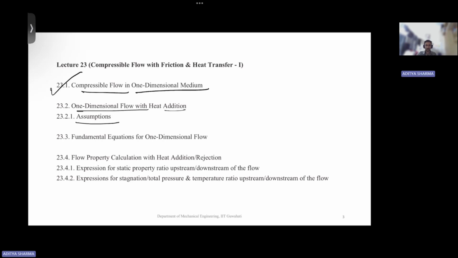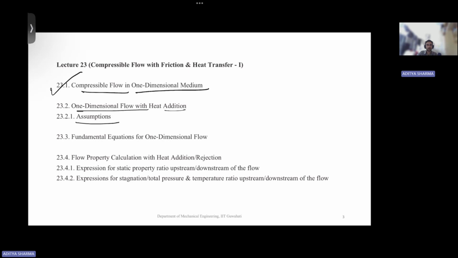Then one-dimensional flow with heat addition. Here, the assumptions that have been mentioned are that the flow occurs in a constant area duct. The second assumption is that the flow is considered steady for a calorically perfect gas.